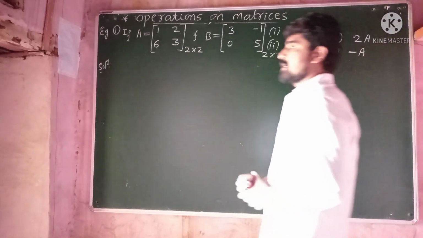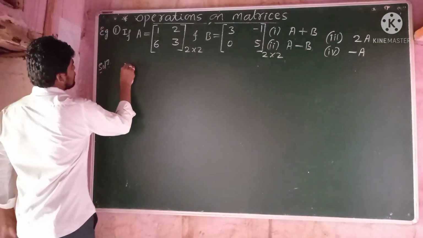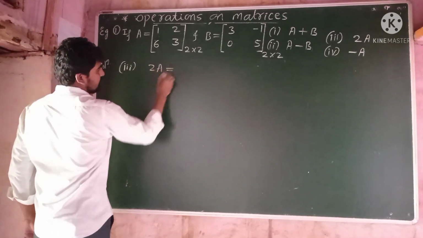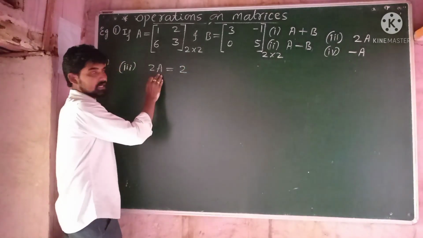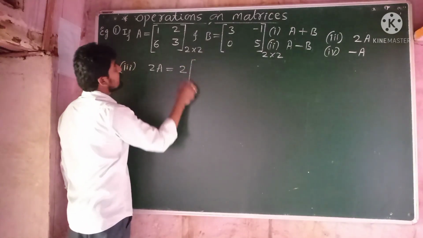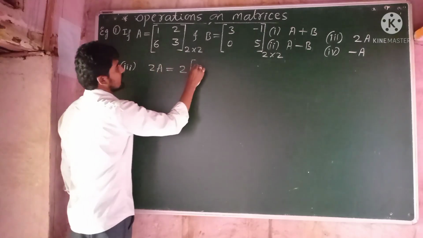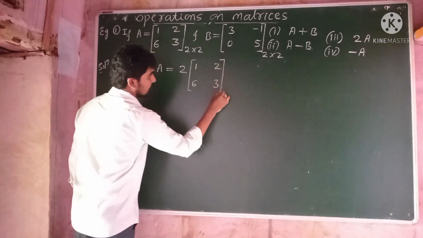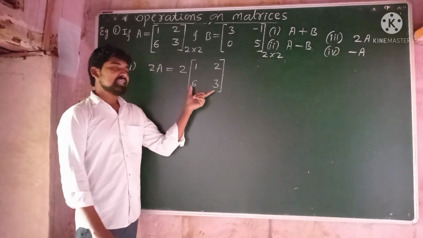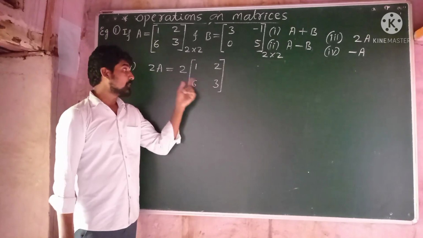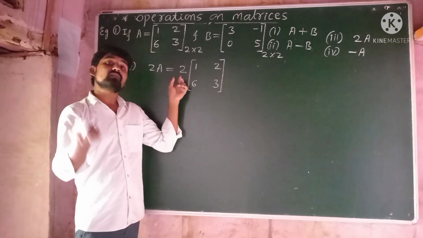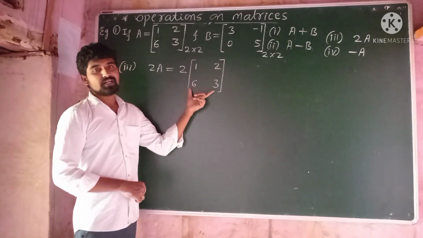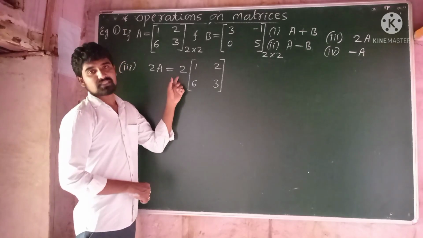So now the third question. We need to find the matrix 2A, which is equal to 2 into A matrix, given by 1, 2, 6, 3. So multiplication of any matrix by any scalar is obtained by multiplying each and every element of the matrix by the given scalar.